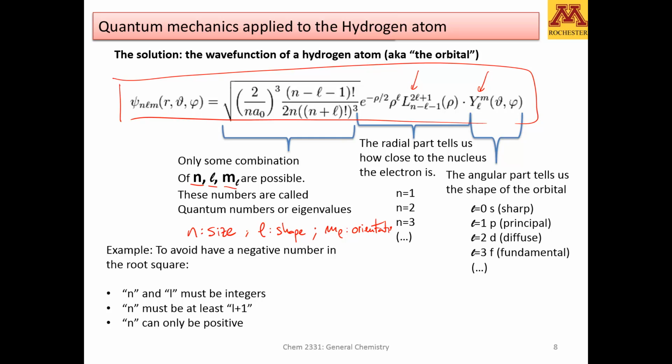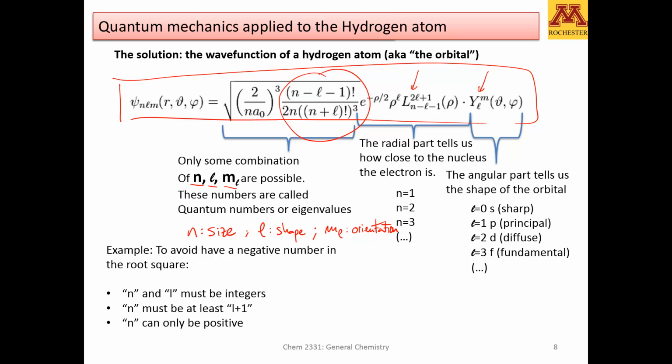There are some restrictions for these values, and I want you to look at, for example, these factorial numbers inside of a square root. Notice that to make a factorial, n and l, the ones that determine the size and the shape, must be integers. Otherwise you cannot do a factorial.